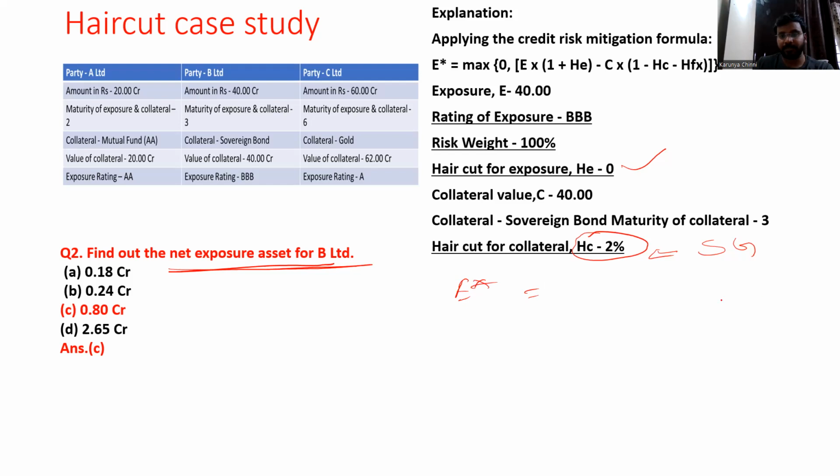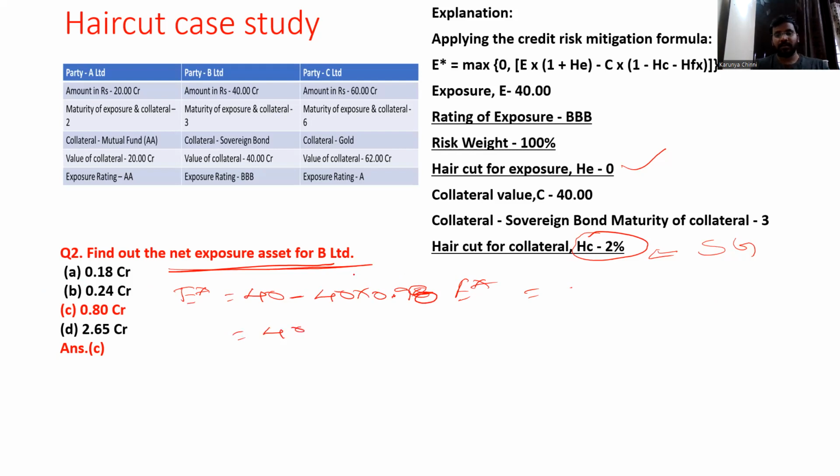E star means 40 minus 40 into, what is the percentage given? 2%. So 100 minus 2% means it is 0.98. 98% means 0.98.